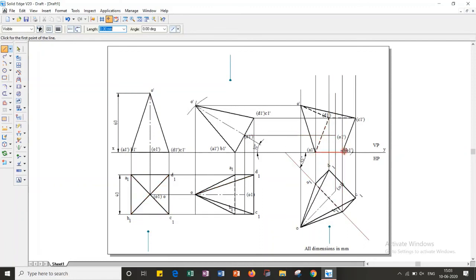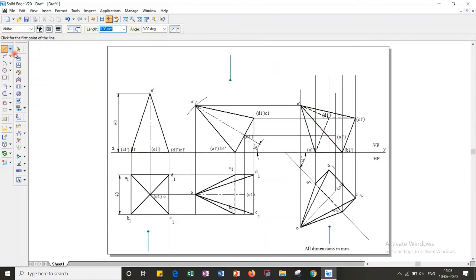B1 to A1 I am having, B1 to C1 I am having, B1 to O. This line is missing. Next, identify whether it has to be dotted or continuous. For that, observe from here, B1 is nearer to observer, so that is visible point, and all the visible points should be connected using a thick continuous line. Therefore, I will construct a thick line from B1 to O.